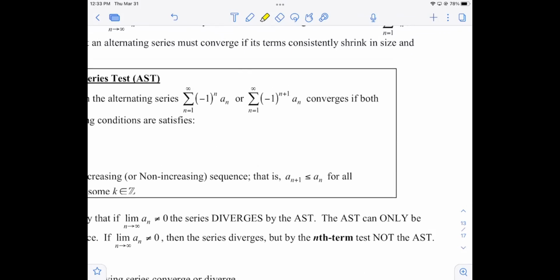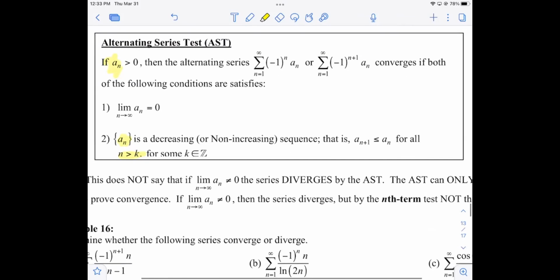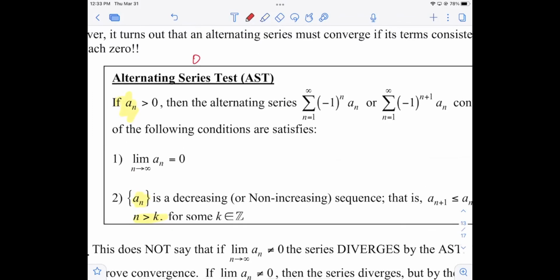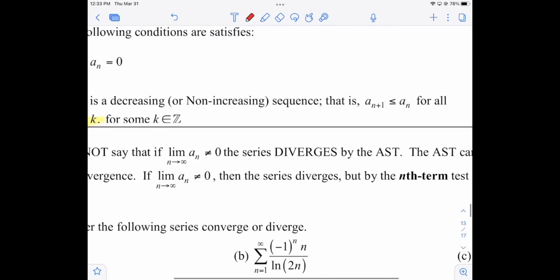Now notice that this is a one-way test. If you want to write it on there, this is a one-way test. Another one-way test. Not two-way test like geometric and P. If either one of these two things are not met, we don't say it diverges by the alternating series test. This is only a test for convergence if those two are met.